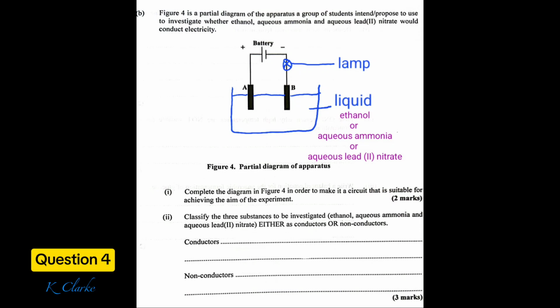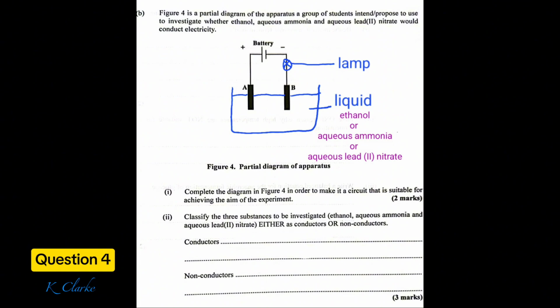Part 2. Classify the 3 substances to be investigated: ethanol, aqueous ammonia, and aqueous lead-2 nitrate, either as conductors or non-conductors.